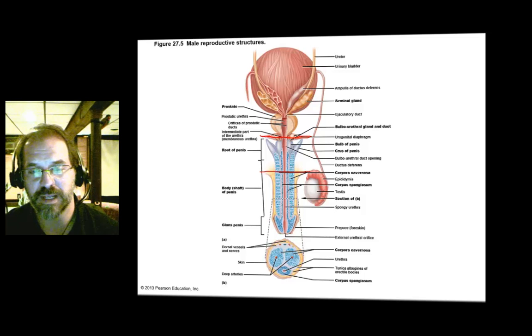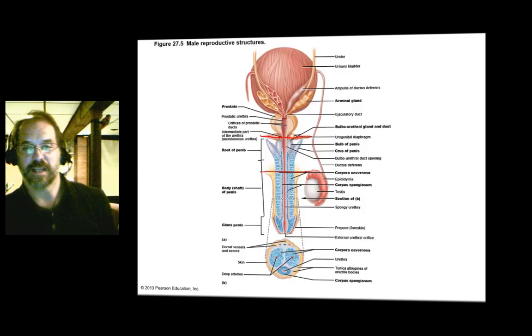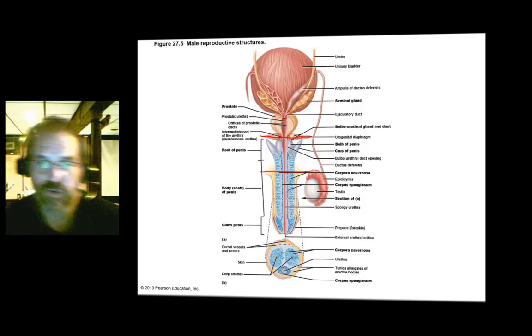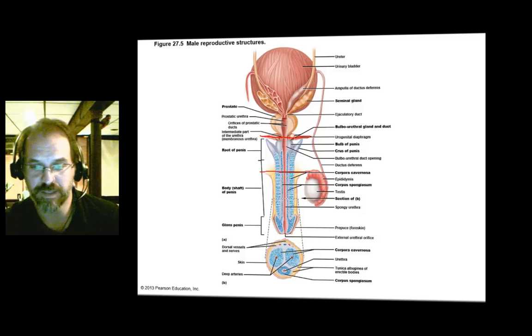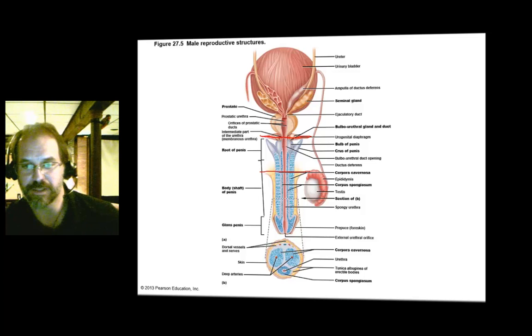Those are embedded in connective tissues close to the pubis, and so that actually is the base of the penis and holds it in place. If we look at a cross-section through the penis, we can see the two dorsal corpora cavernosa and the more ventral corpus spongiosum surrounding the urethra. But look here on the dorsal surface, we have some nerve fibers, and we have some superficial veins and arteries. That's going to be important for how we generate an erection in the penis.